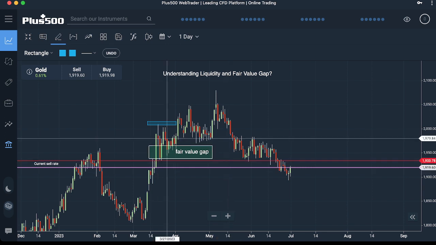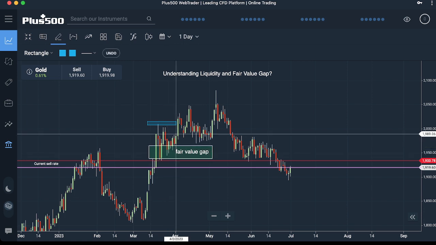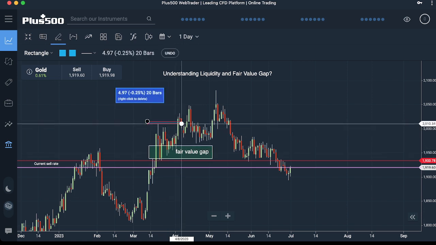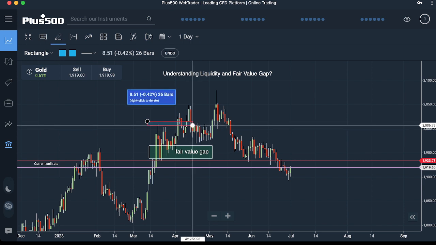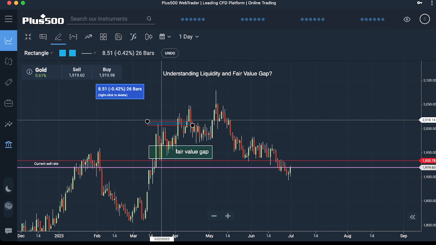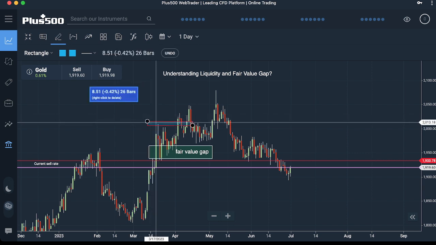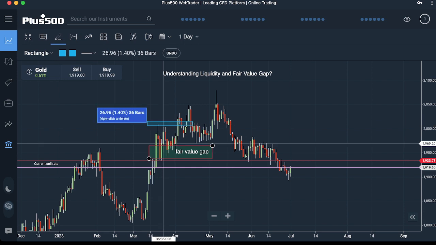So the price is going back, retesting that fair value gap, and you can see how it's pushing to the upside and breaking this high. Okay, breaking this high and taking the buy side liquidity which is resting above these candles' wick.